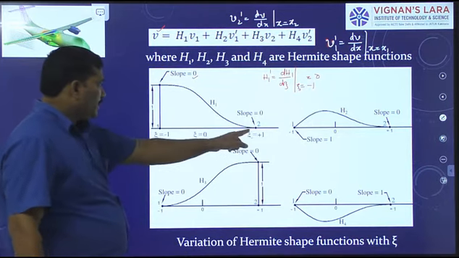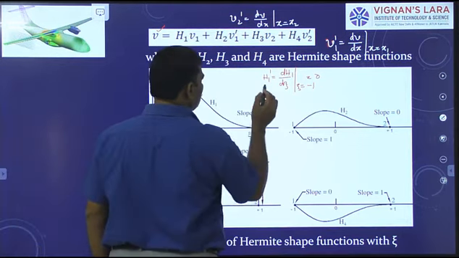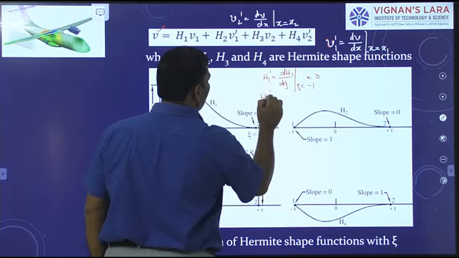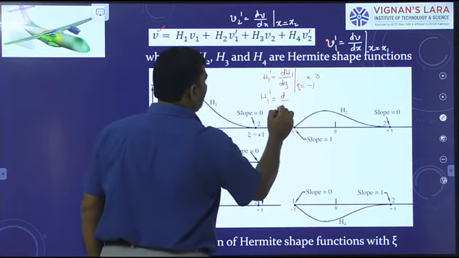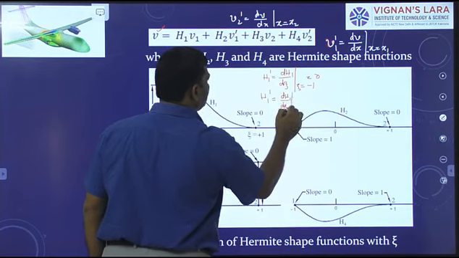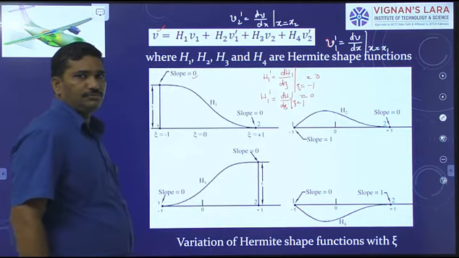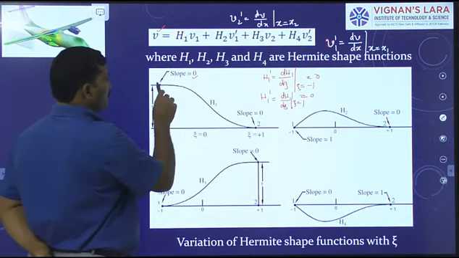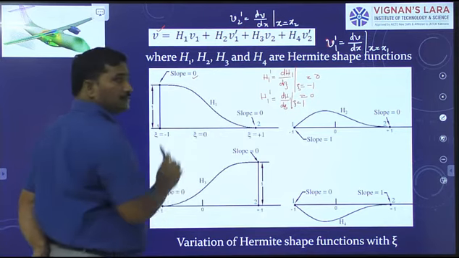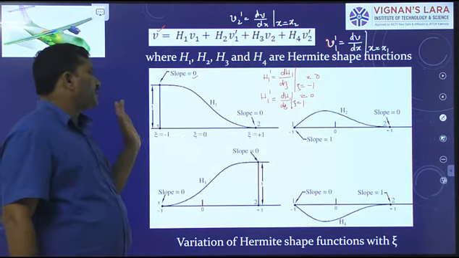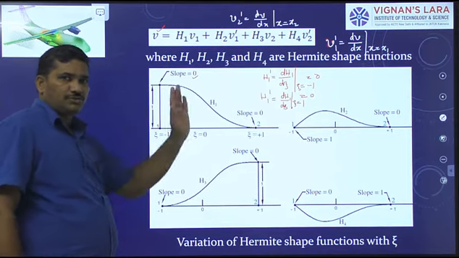Next at node 2, H1 dash at j equal to plus 1. If you determine d by dj of H1 at j equal to plus 1, you get again slope 0. And if you plot, you get a curve like this. Now this is how H1 is varying with respect to j or with respect to the length of the element.